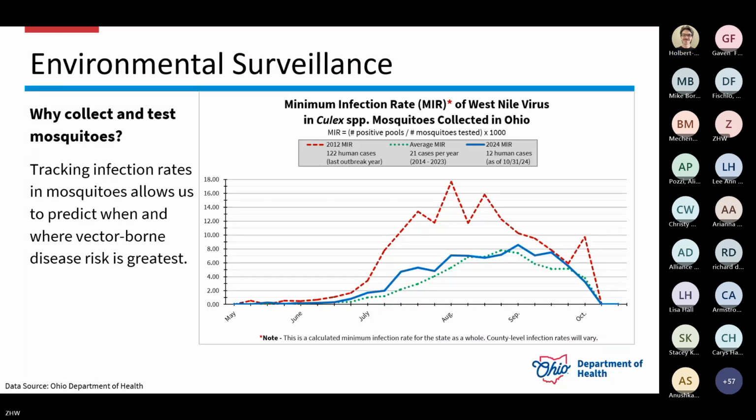So if we are testing mosquitoes for vectors for diseases, once we start seeing an uptick, we can predict when more human cases will show up, and we can address the issue by applying pesticides or communicating with the local health agency that submitted the mosquitoes to take active measures.